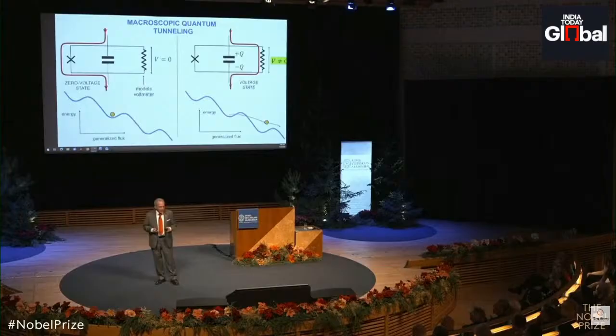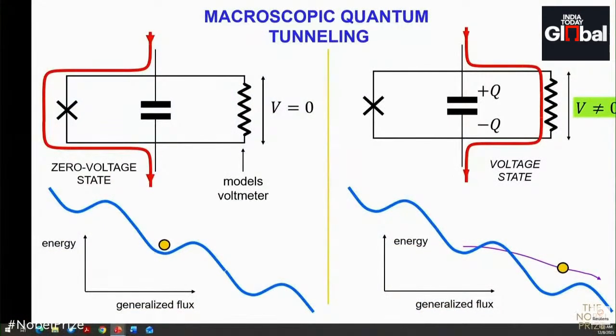How do we detect the equivalent of radioactivity? Well, in this system, you see the whole state of the circuit changes. So on the left, the bias current can go through the tunnel element, through the cross, and that corresponds to this yellow particle, which corresponds to the state of the circuit.